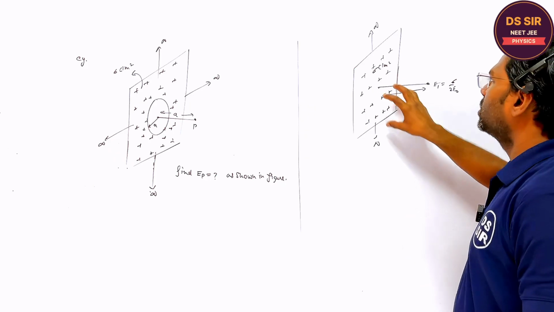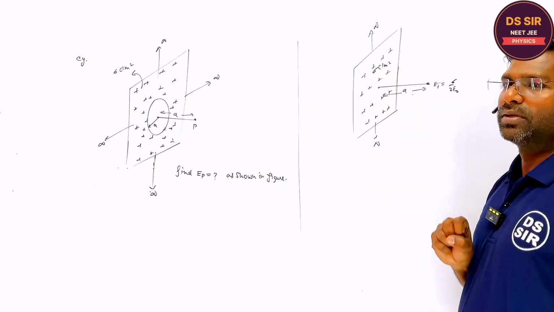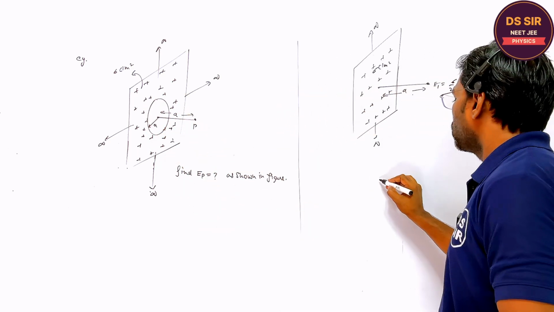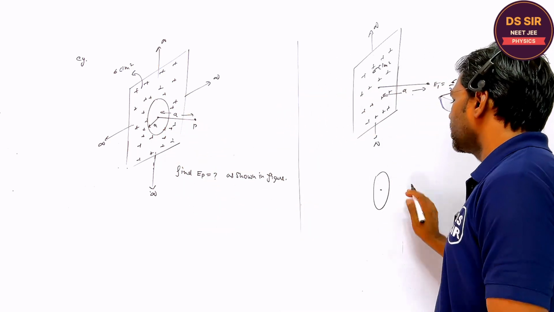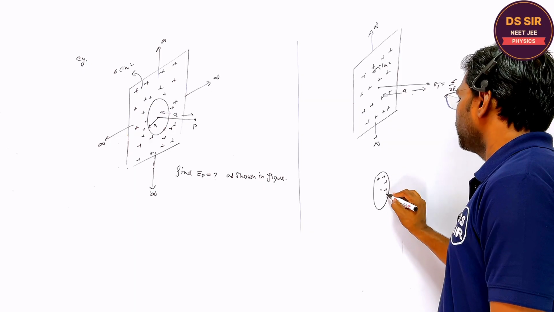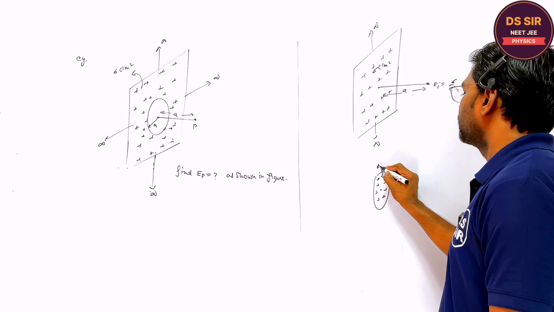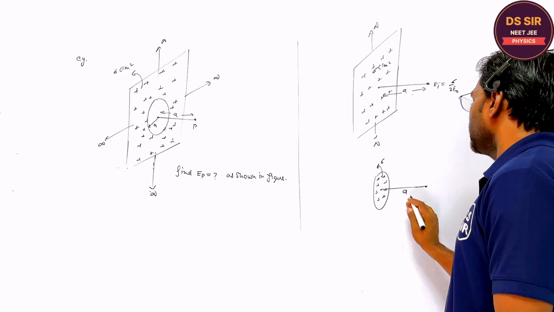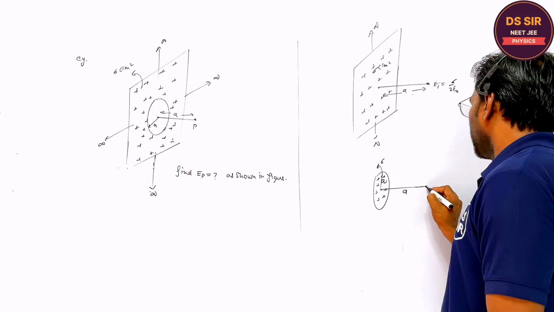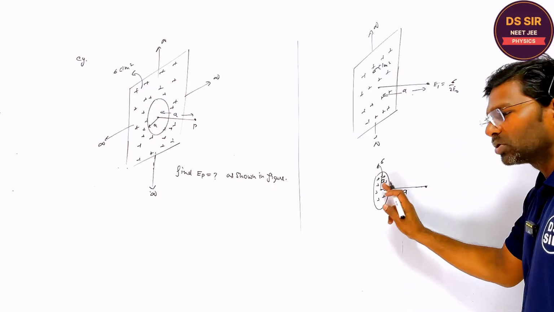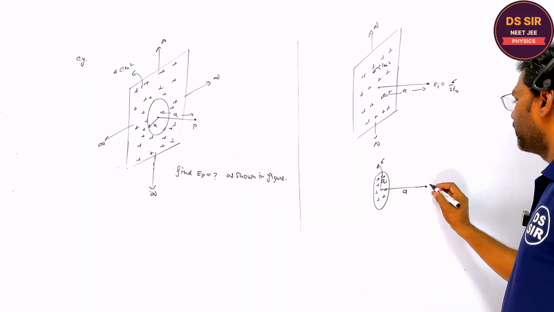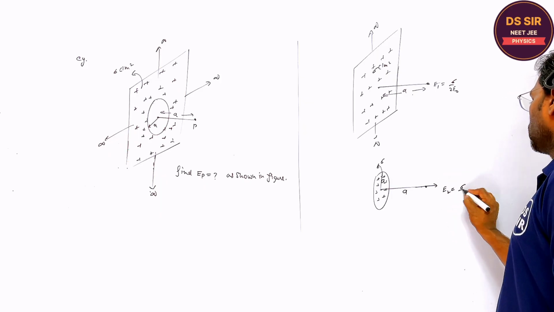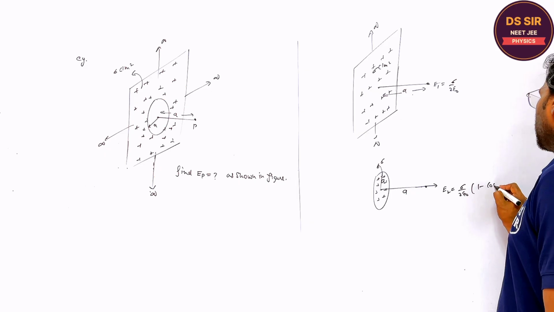Now listen to one thing, some portion is to be removed. What portion? A disk of radius A is to be removed. Consider this disk having the surface charge density sigma, which is removed. At this point, at distance A, because of this disk, the electric field was sigma upon 2 epsilon naught times 1 minus cos theta.